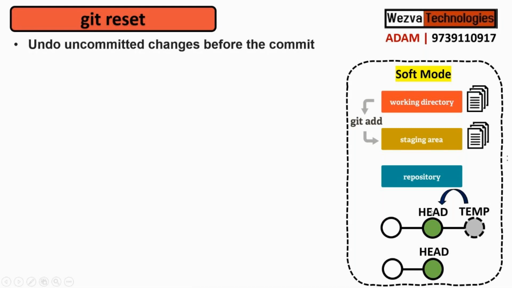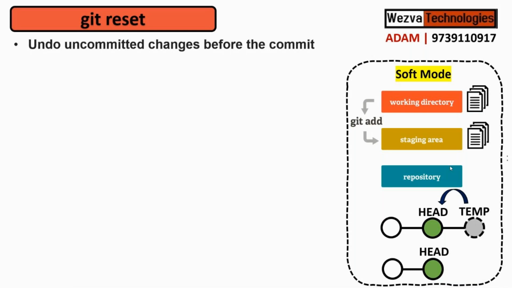Sometimes you just want to move from one place to another, so you do a reset in soft mode. So what does soft mode mean? Undo only from the repository, whereas the content in the staging area is still there, and the content in the working directory is still there. However, all these things are before you do the commit.